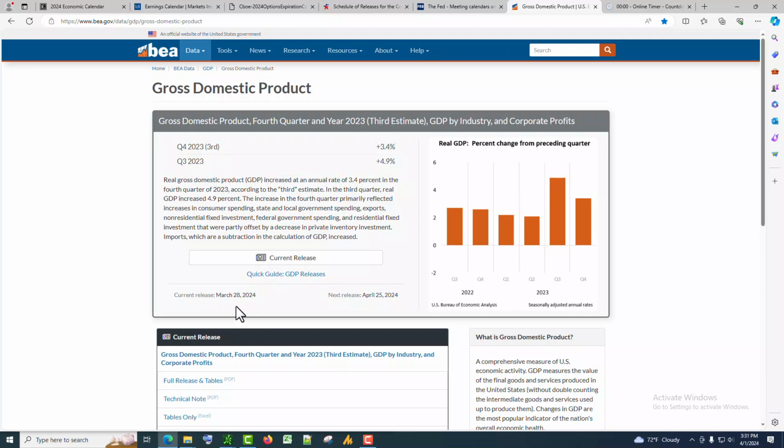That's right. And now we go to GDP. The last GDP data release was March 28. The reason we incorporate this latest economic event into our calendar is that we saw a phenomenal move right at the end of Wednesday.